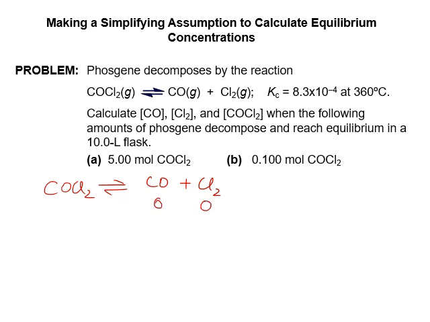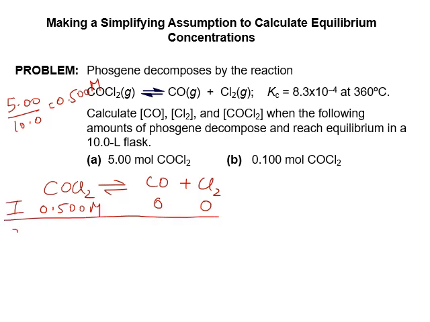How would I find the concentration? It would be 5.00 divided by 10.0 liters, which will give you 0.500 molar. So initially I have 0.500 molar of COCl2. Initial, change, and finally equilibrium.